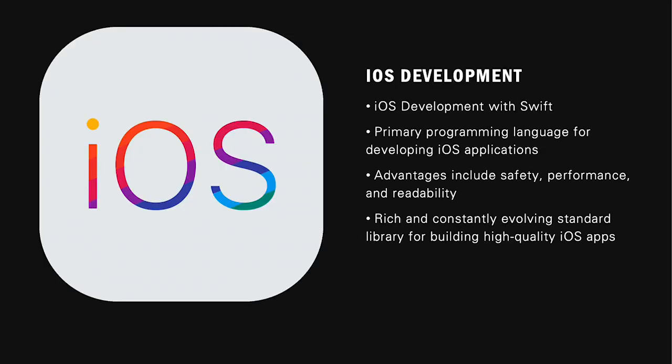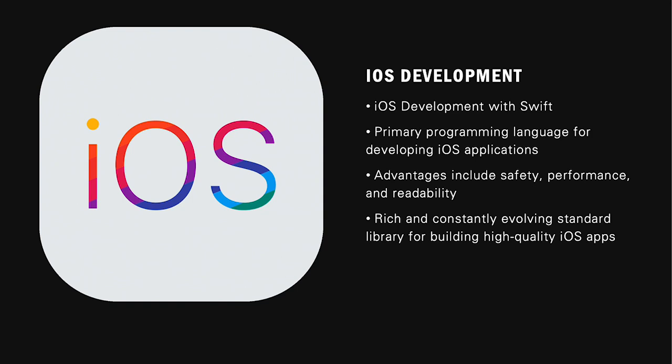iOS development with Swift. Here are some key advantages of using Swift for iOS development. Safety. Swift's strict syntax and strong typing can help prevent runtime errors and improve the overall stability of an application. Performance. Swift is designed to be faster and more efficient than Objective-C, which can lead to faster app performance and better battery life.